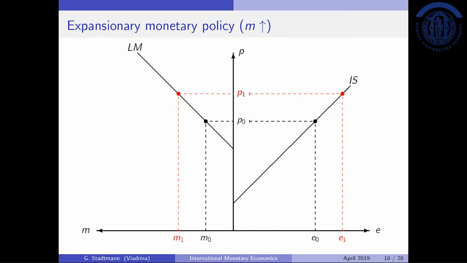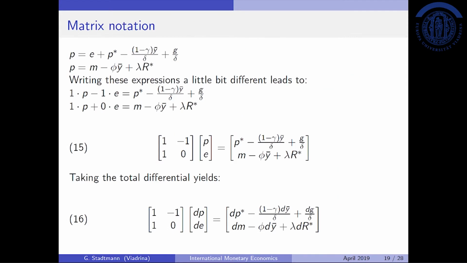So let's try to confirm this graphical result by also computing the multiplier. Hence, we have to shift from the two equations into a system of matrices and vectors. So we have to sort the variables in a way that we have the endogenous variables on the left-hand side and the exogenous variables on the right-hand side of the equation.